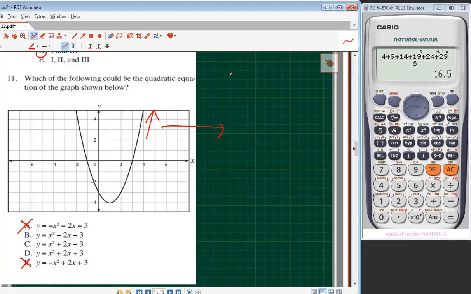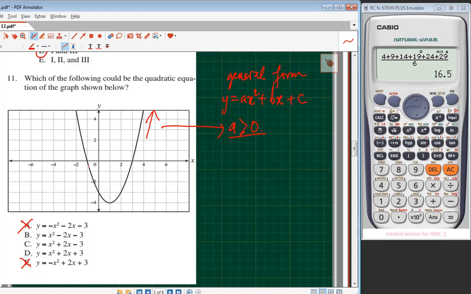The general form of the quadratic equation is y equals ax square plus bx plus c, and from the graph we can say that a is greater than 0, positive.